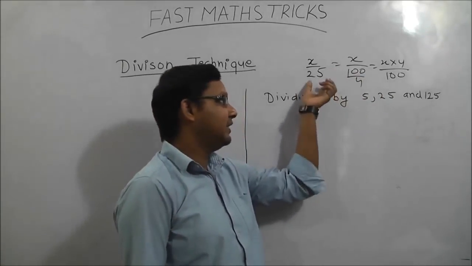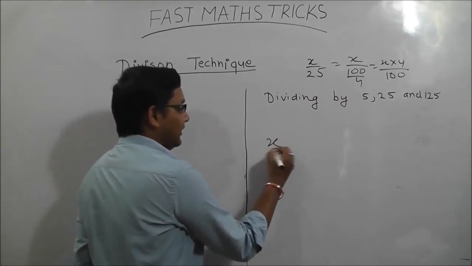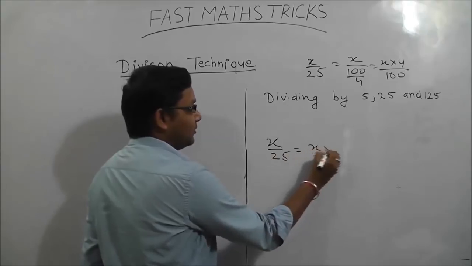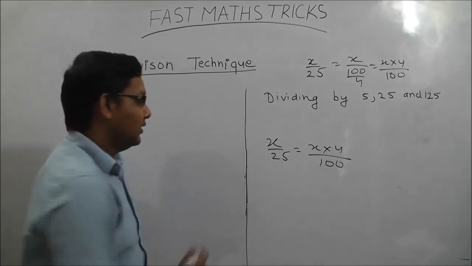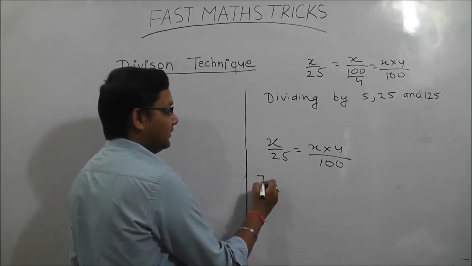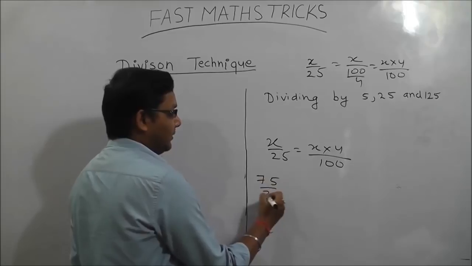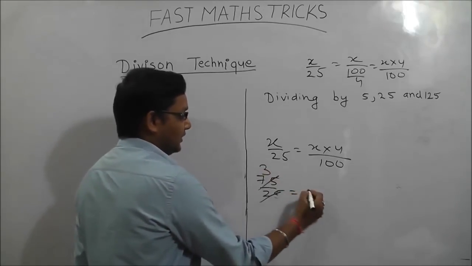So dividing any number by 25 equals first multiplying by 4 and then dividing it by 100. Suppose the number is 75 divided by 25. It looks easy because it is a multiple. 25 into 3, that is 3.